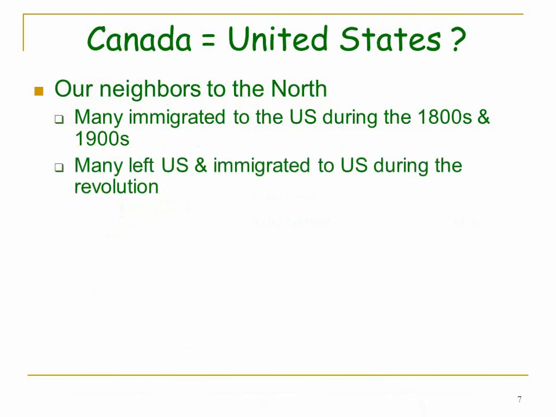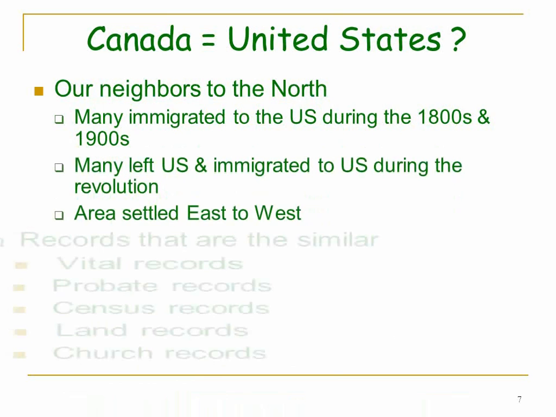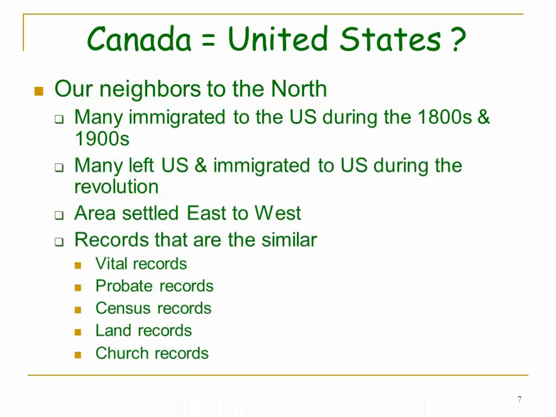Some actually went back to Canada between these times. The travel between happened quite frequently. The area was settled similar to the United States, with the East being settled before the West. Some of the records that are similar would be your vital records, your probate and census records, your land records, and your church records.